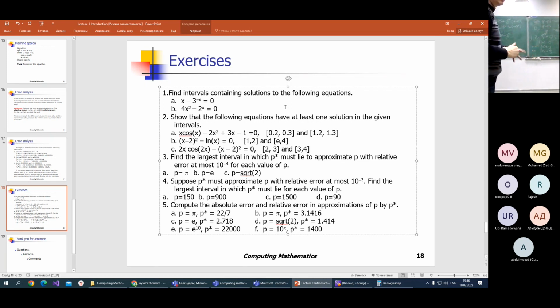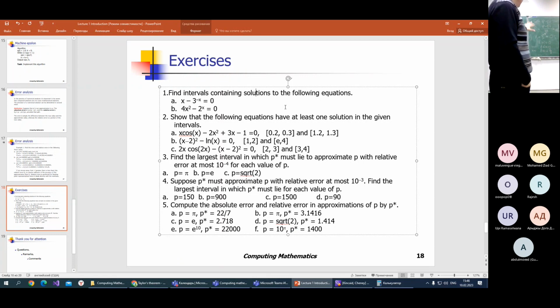So how can we know that it's continuous then? Because here it's like an exponential function, 3 power x. It's continuous. We have a polynomial function plus an exponential function, which is a continuous function.